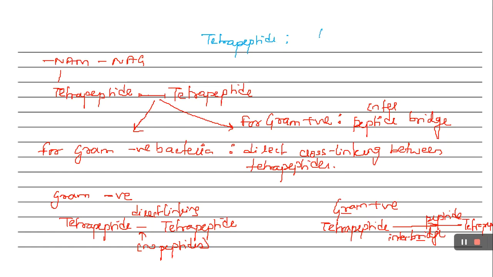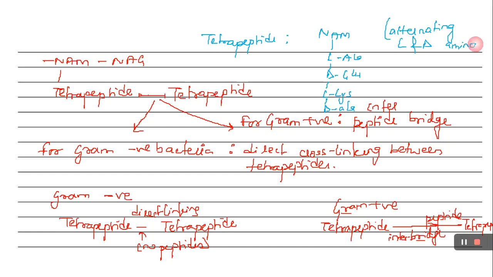For example, with NAM, L-alanine is attached, then D-glutamate, then L-lysine, then D-alanine. So this tetrapeptide has alternating L and D amino acids.